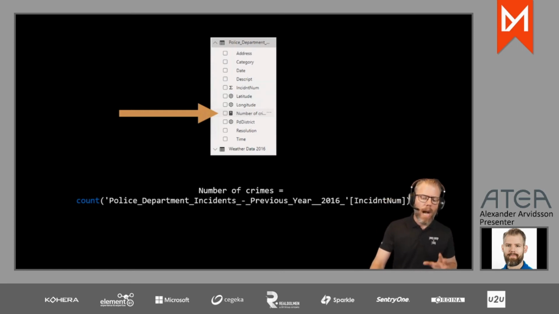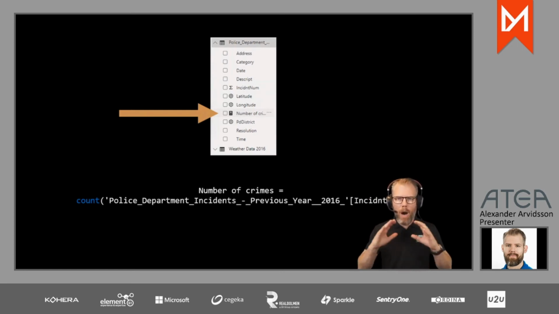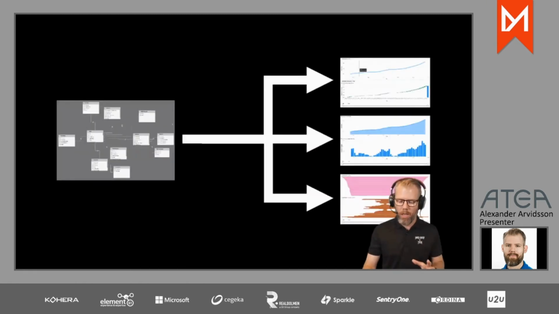Because I can take my data model, you know, the thing that Marcus was talking about for a whole hour, the data model, and I can do multiple reports off that data model. So I can use the data model to share my logic, share all my stuff like my date table, my timetable, any and all measures. I don't need to recreate these for every darn report I make.